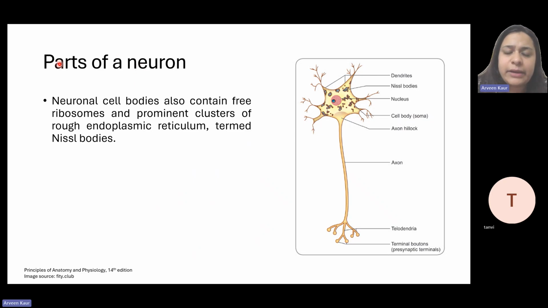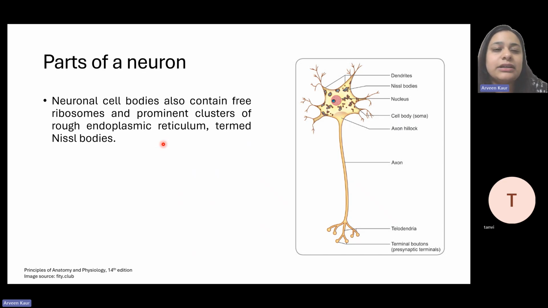Then, when we look at parts of a neuron, the neuronal cell bodies also contain free ribosomes and prominent clusters of rough endoplasmic reticulum, which are termed Nissl bodies, right? RER is there in other cells also, and it is rough because of the presence of ribosomes.